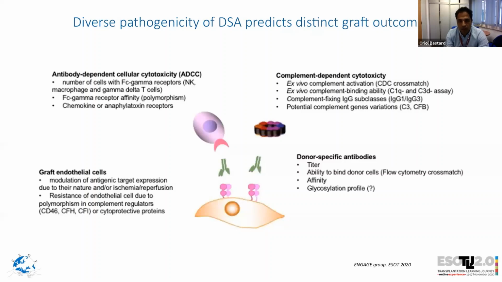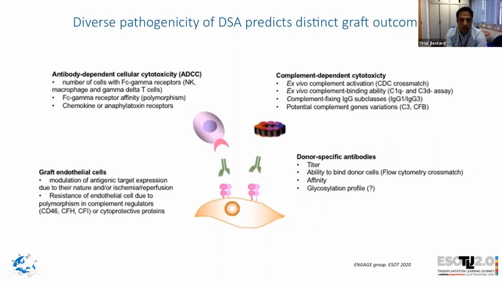I think Professor Lejeune will talk about this, but depending on the diverse pathogenicity of these donor-specific antibodies, we will have different impacts, and each assay will be capable of detecting a different biological type of antibody: whether they fix complement or not, whether they can harm the graft through antibody-dependent cellular cytotoxicity, the susceptibility of the endothelium of the allograft, and also whether the titer of these antibodies is high or not.